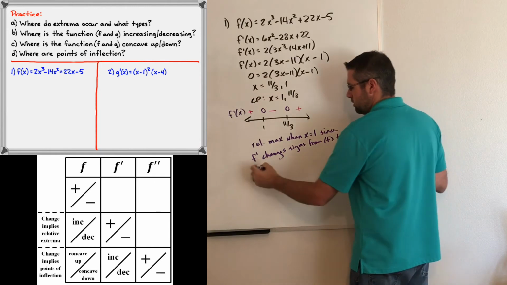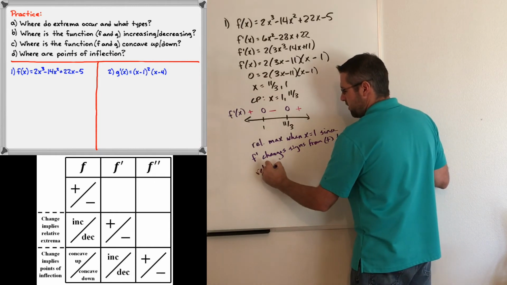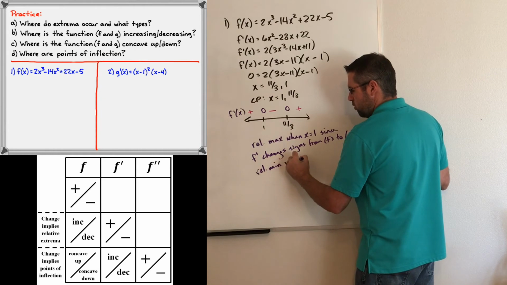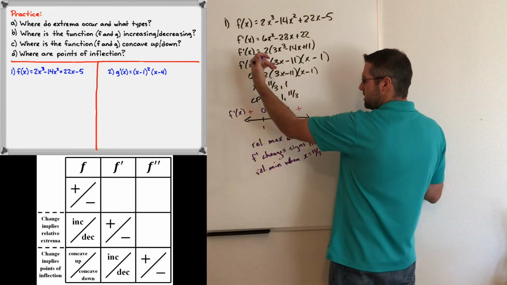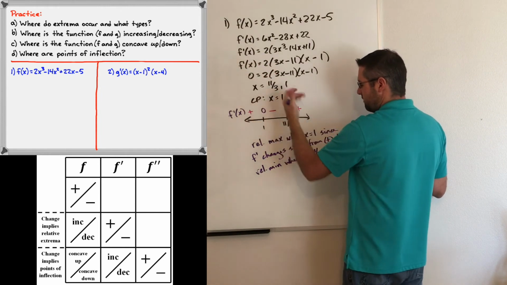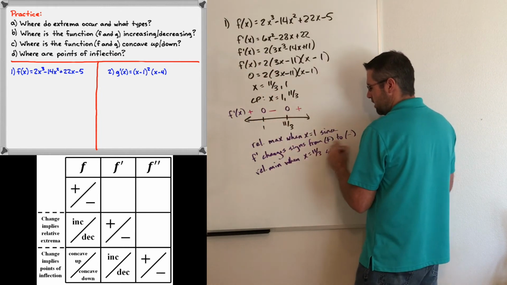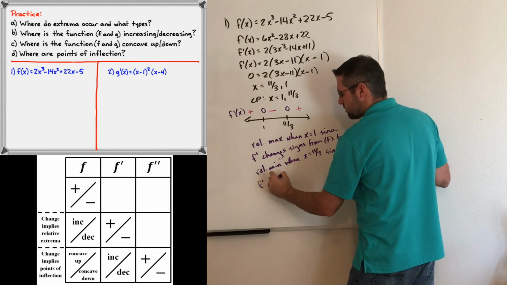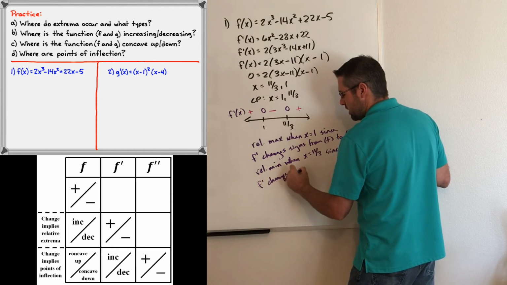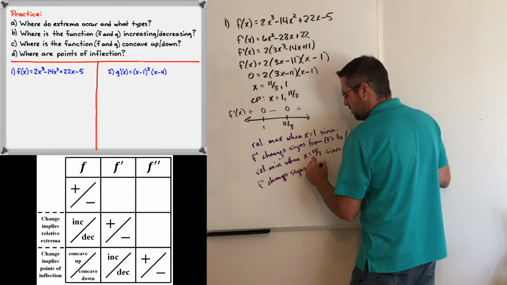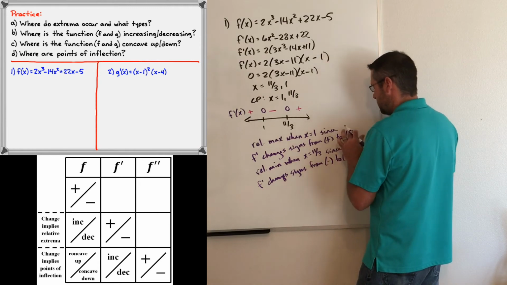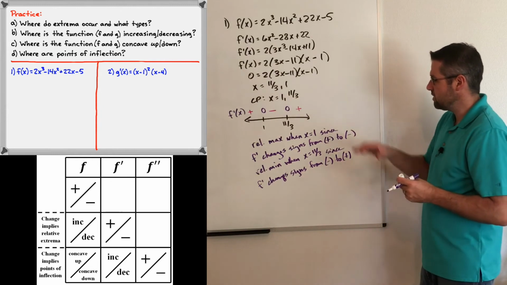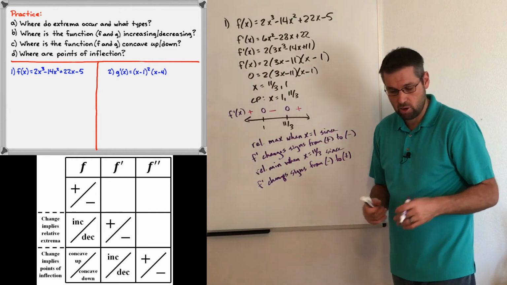And then we can also conclude that we have a relative minimum when x equals 11 thirds here, because we can see that f prime is changing from negative to positive. Okay, since f prime changes signs from negative to positive. Okay, so that is our relative extrema, or where they occur at least.